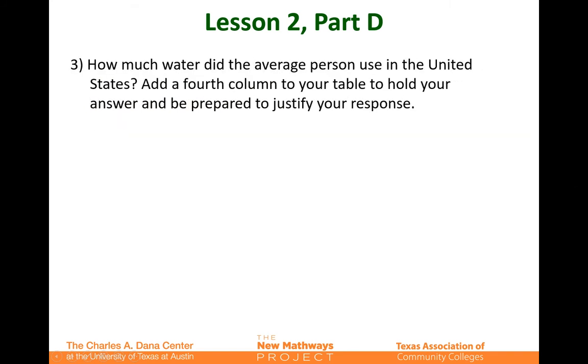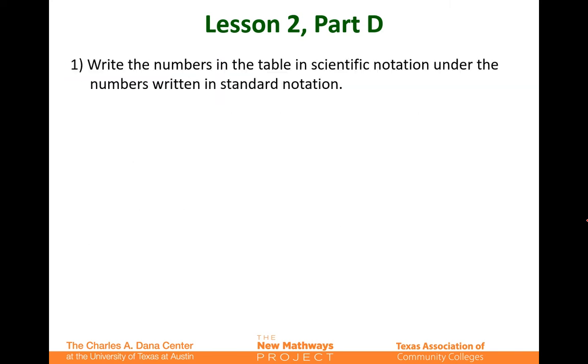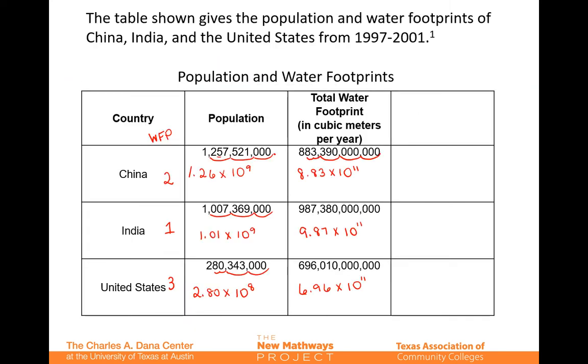How much water did the average person use in the United States? Add a fourth column to your table to hold your answer and be prepared to justify your response. Okay, let's do a total amount of water per person.